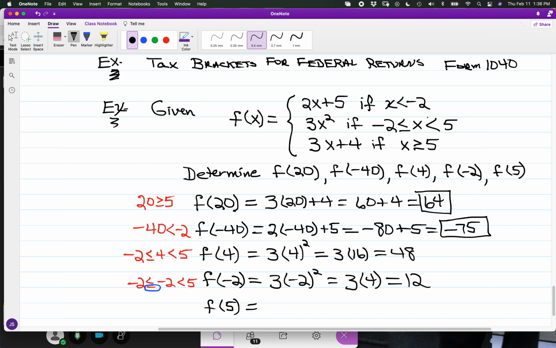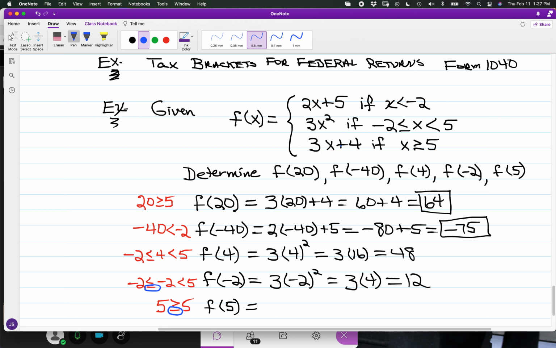And as for the input at 5, we're trying to say that 5 is less than itself. This is not true, so this compound inequality does not apply. And for 5 greater than or equal to 5, 5 cannot be greater than itself, but we have the equal sign, so the last inequality is going to apply. 5 greater than or equal to 5 is true on the basis that 5 is equal to itself.